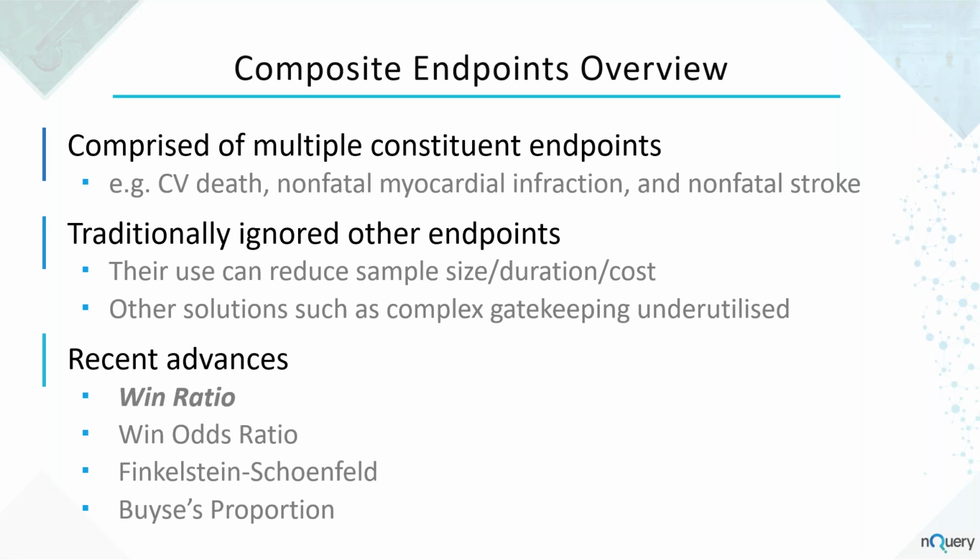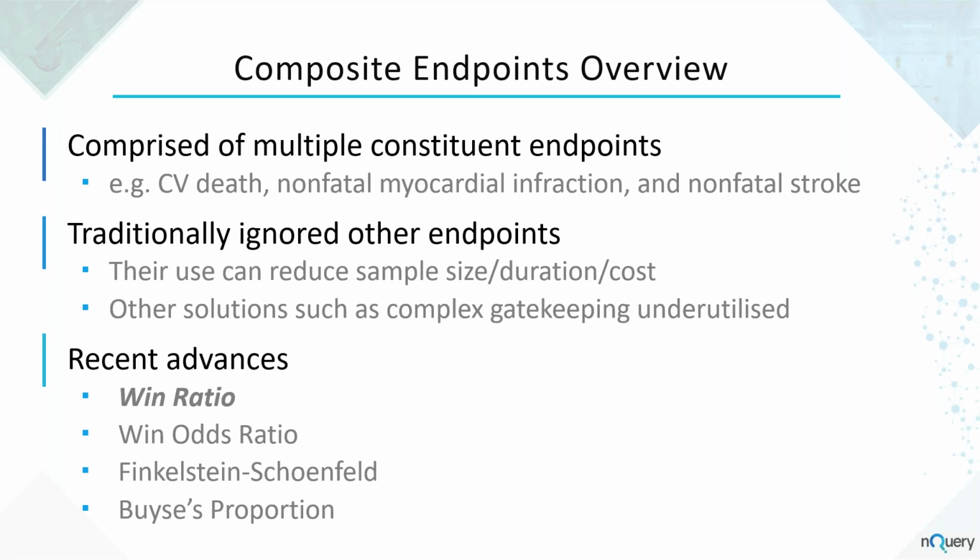Very often the secondary endpoints are simply ignored from an analysis point of view, or from a sample size point of view, especially, since very often people are most interested in reducing sample size, so reducing both the study duration and the cost usually, and considering these secondary endpoints can very often do that.